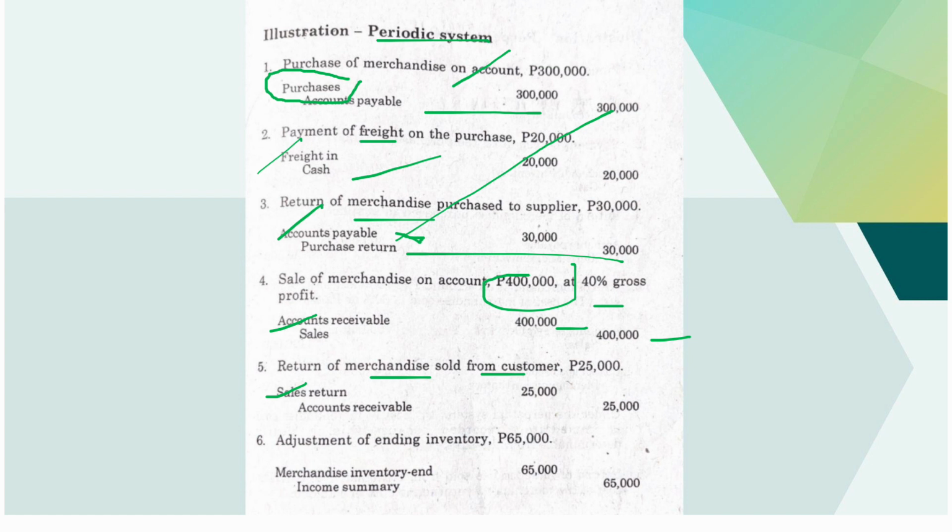And then credit accounts receivable, kasi hindi na to collectible. And then number 6, adjustment of the ending inventory: merchandise inventory end, 65,000, and we use an income summary amounting to 65,000 as a credit. So this is how we recognize the periodic system compared to the perpetual.